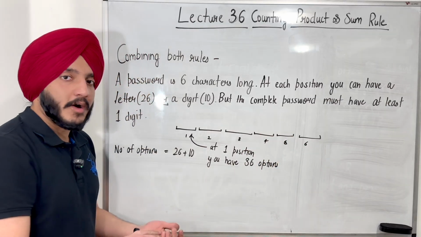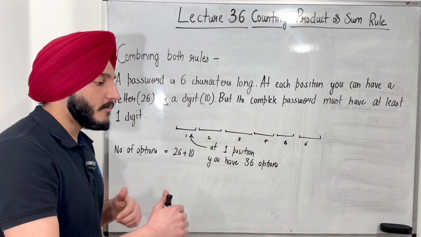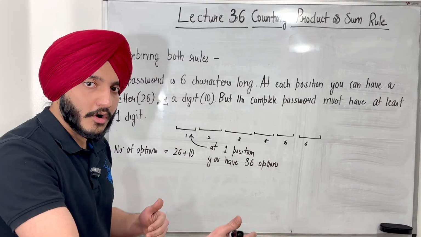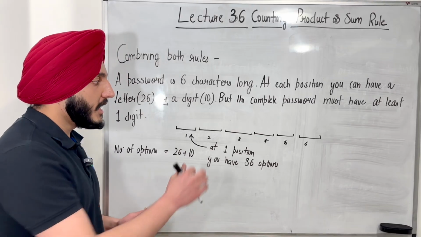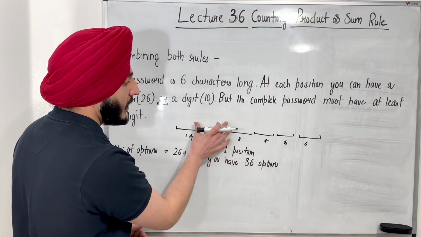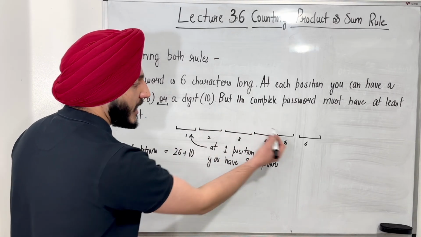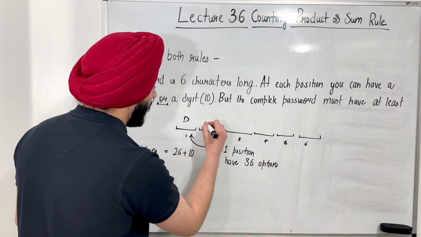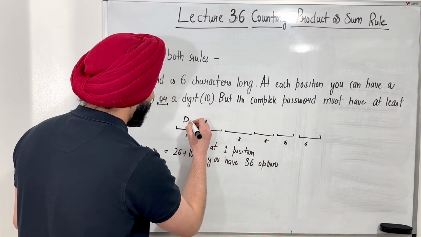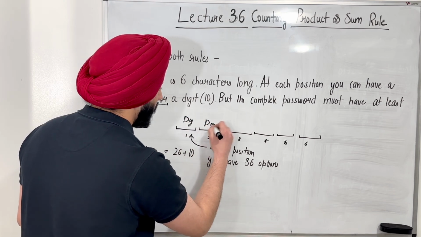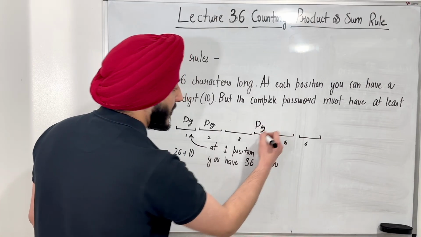If the password has two digits, then the count of passwords you have increases. And now think about if you have three digits in your password, then maybe the first two could be digits and maybe the fourth one is a digit.